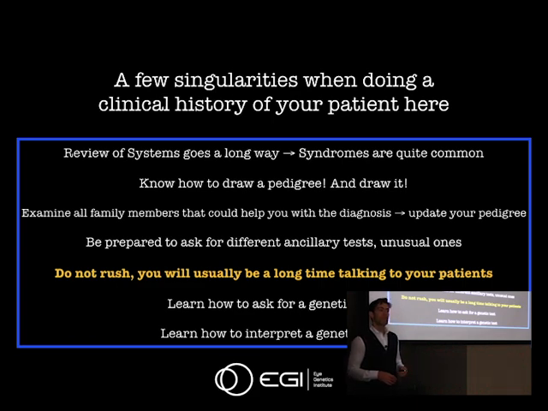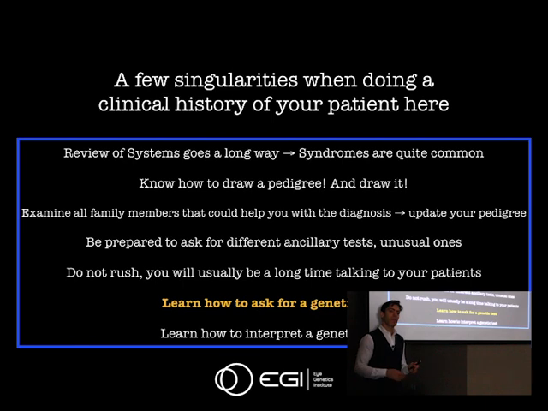Again, another singularity that is very important is that we cannot rush when we are doing our history taking, because genetic eye diseases can be very complex. Like I said, we can have different parts of the body affected, so we have to give our patient time so that the patient will tell us everything, and that obviously takes time. So it's not a quick consultation.